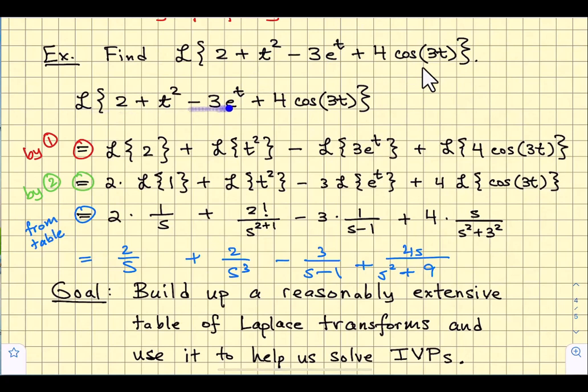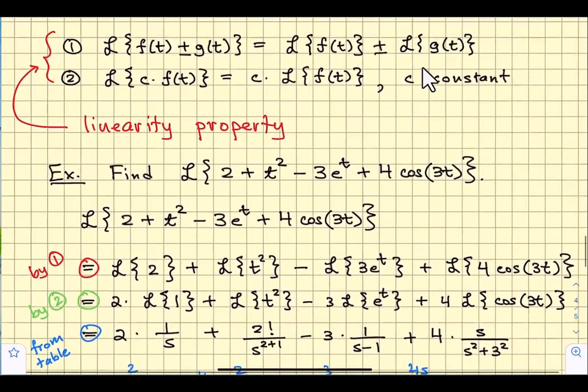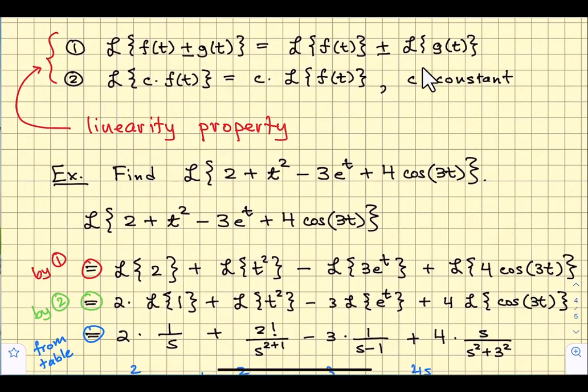The Laplace transform of this function, first off, by property 1, we can break up over this addition and subtraction. So we can do the Laplace transform of 2 plus the Laplace transform of t squared minus the Laplace transform of 3e to the t plus the Laplace transform of 4 cosine 3t.